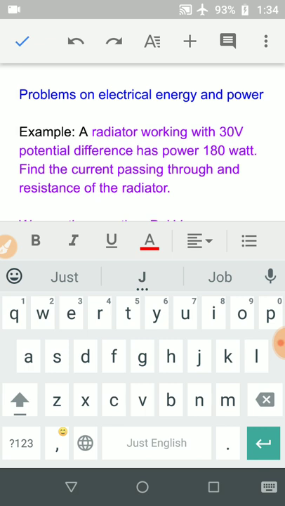Now let us discuss some problems on electrical energy. Friends, in any competitive examination, questions arise on these problems.